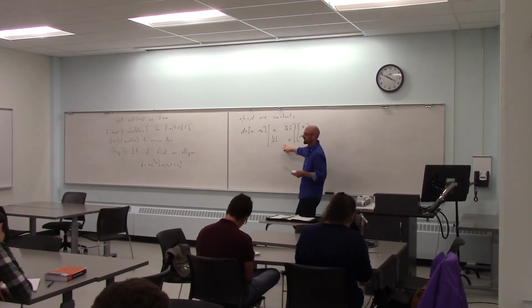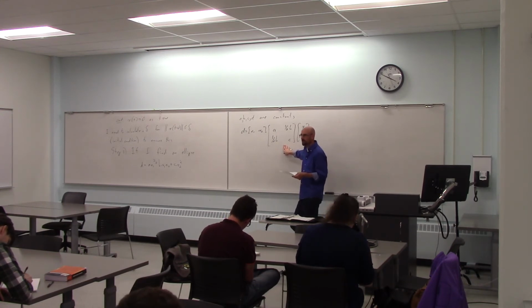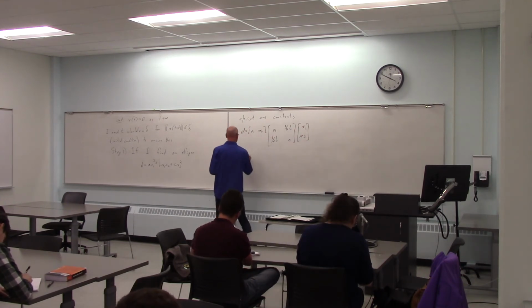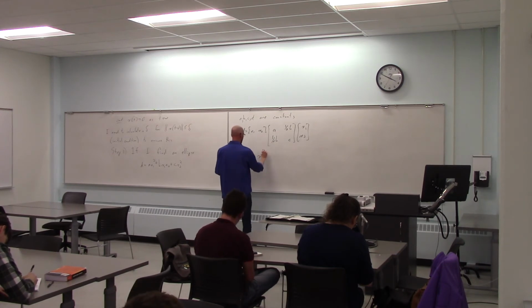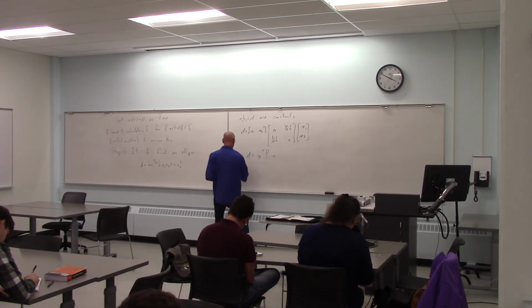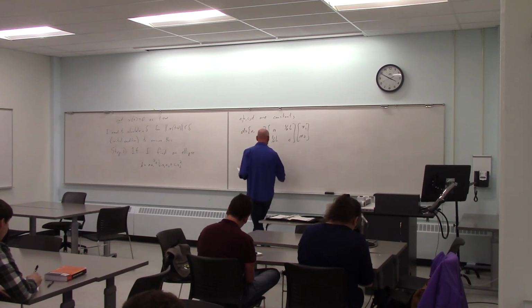There's no unique choice for this matrix in general, but if I want a symmetric matrix, there is a unique symmetric matrix that will do this for me. So I have D equals X transpose PX. P is a 2x2 symmetric matrix.